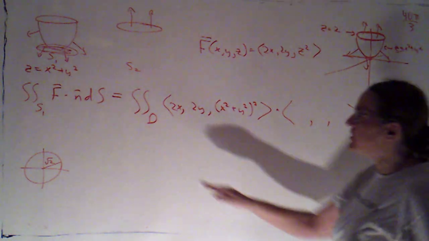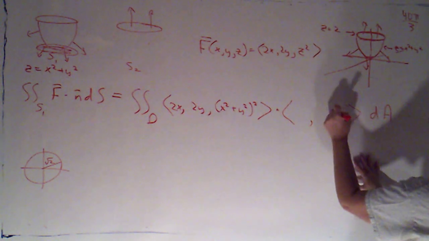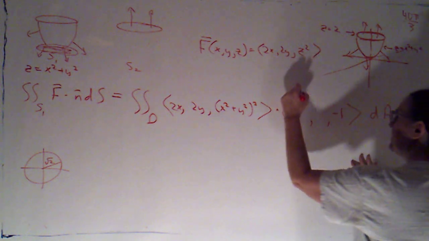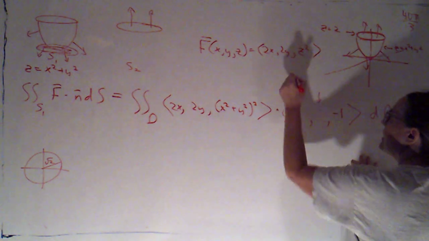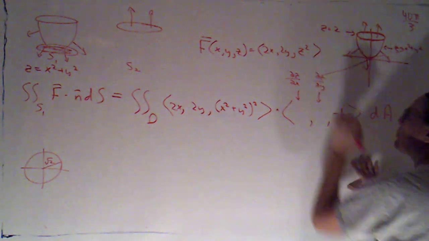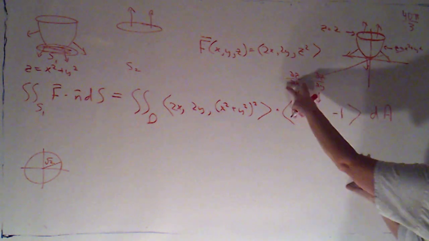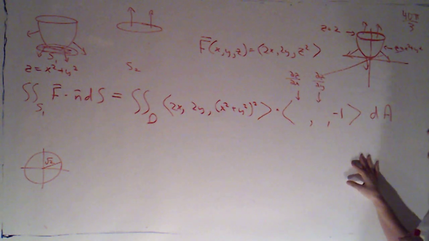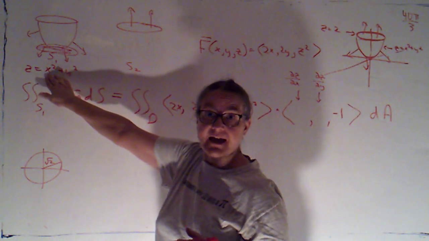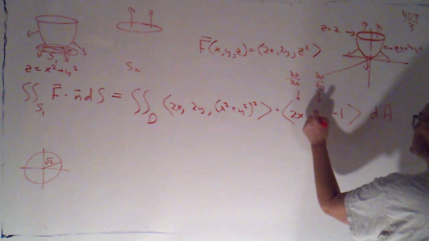And because we've determined that we have a downward orientation, I know that in the z component I'm going to have a -1. And if I have a -1 here, then what goes in these parts are just the partials of z with respect to x and with respect to y. If it was upward, I'd reverse all the signs. This would be a +1, and these two guys would be negative. Well, z was x squared plus y squared, so the partial with respect to x is just going to be 2x, and the partial with respect to y is just 2y.